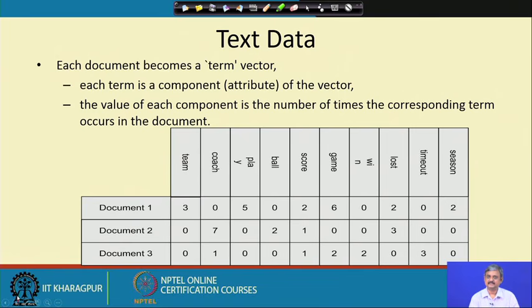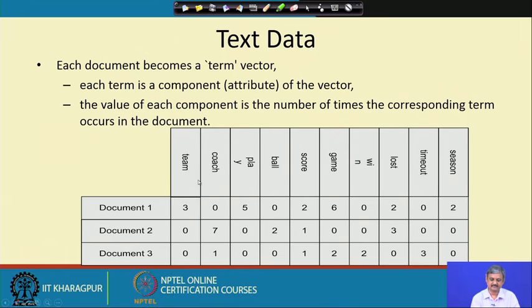So, you have as many columns as the number of words in a dictionary. These are the attributes, and each document is a vector whose number of components is the same as the size of the dictionary. And the value of each of these vector components is how many times the dictionary word appears in this document.